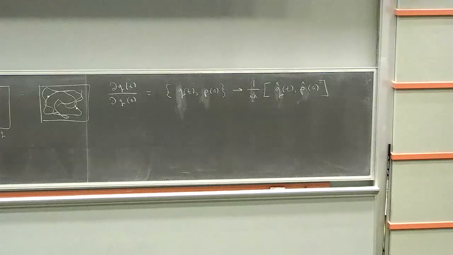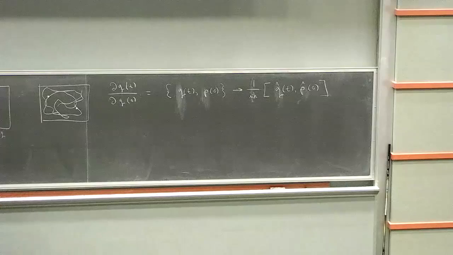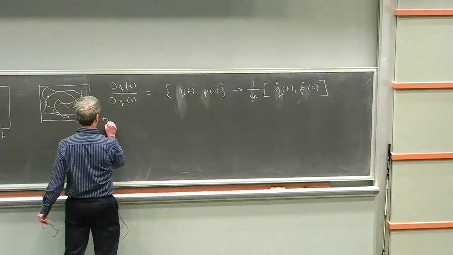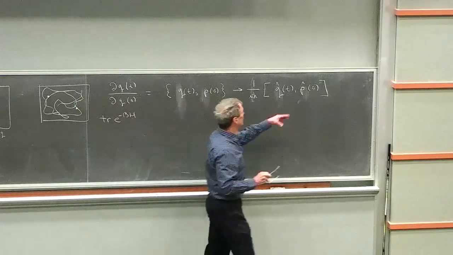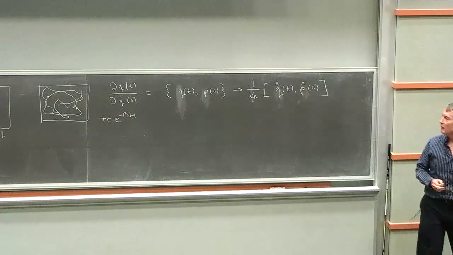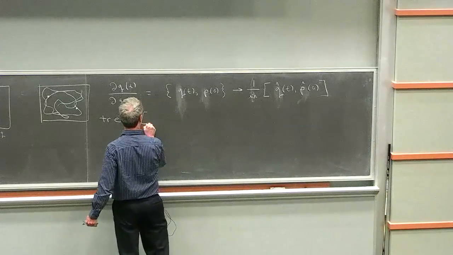So that's what this commutator is looking at. And a useful thing to look at is to average over the thermal ensemble. And to avoid cancellations of phase, we'll take the absolute square of this thing.